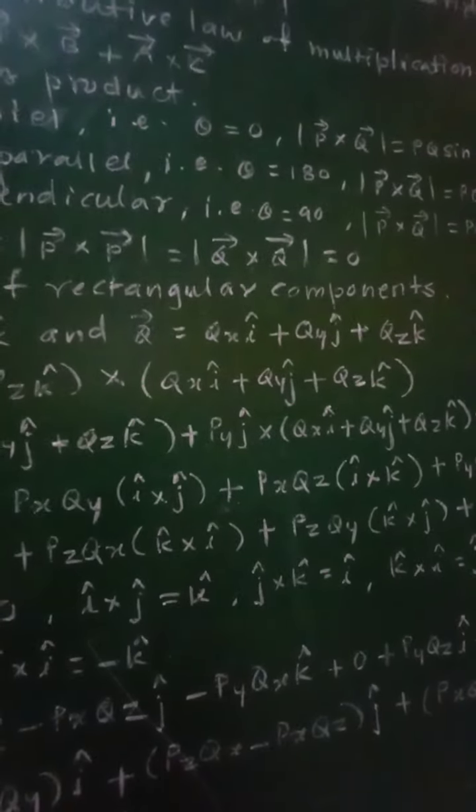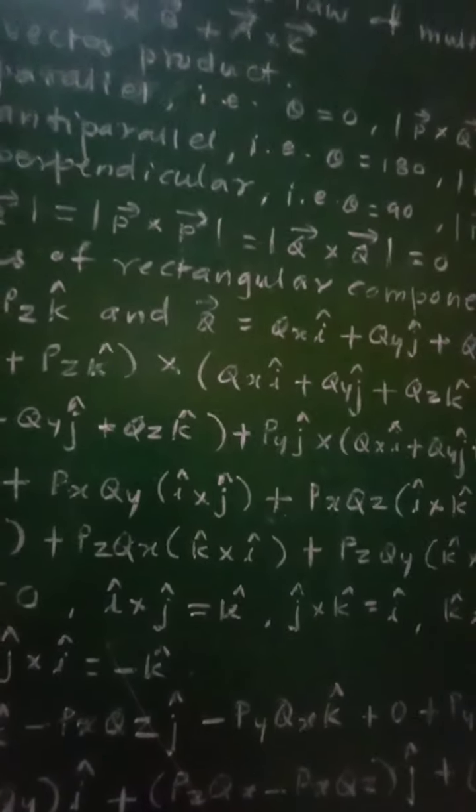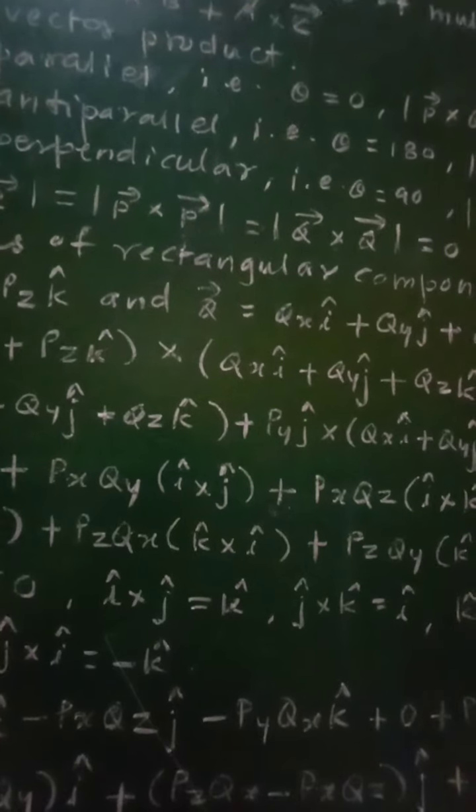So if two vectors are equal, then their cross product will be equal to 0.